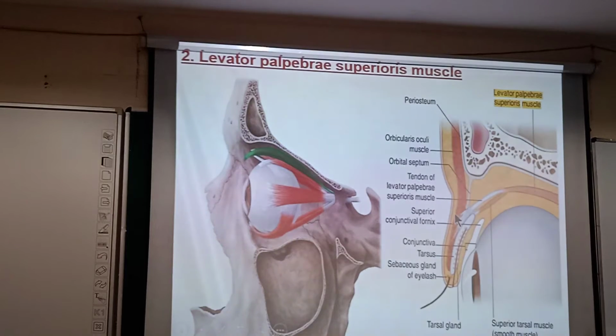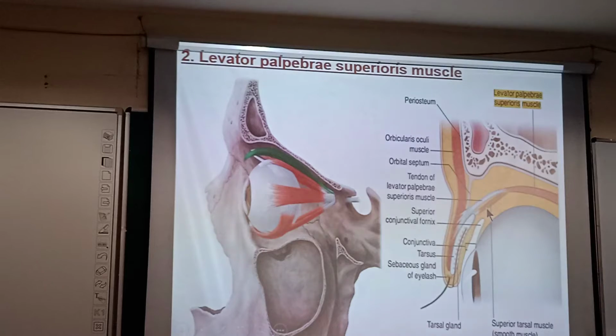The superficial lamina goes to the skin of the upper eyelid. The intermediate lamina goes to the palpebral part of the orbicularis oculi muscle. And the deeper lamina goes to the anterior surface of the superior tarsal plate, this white one.